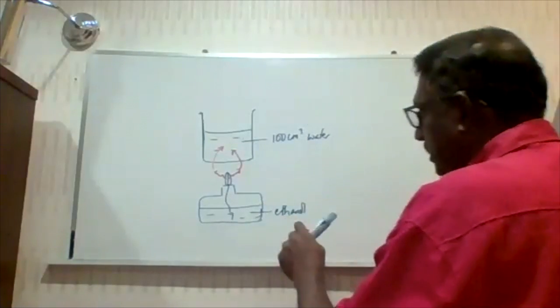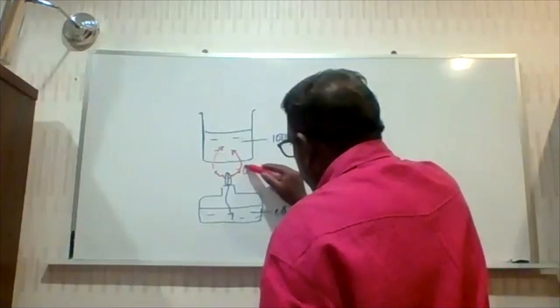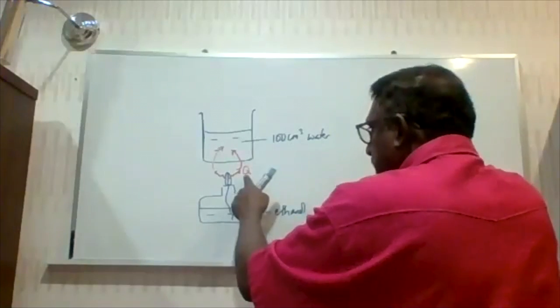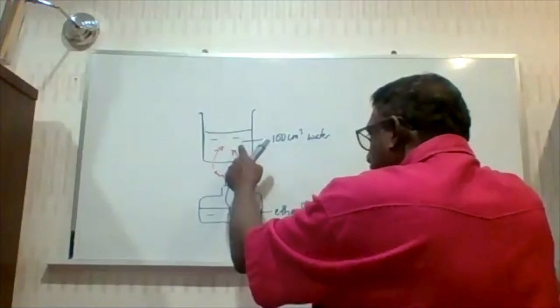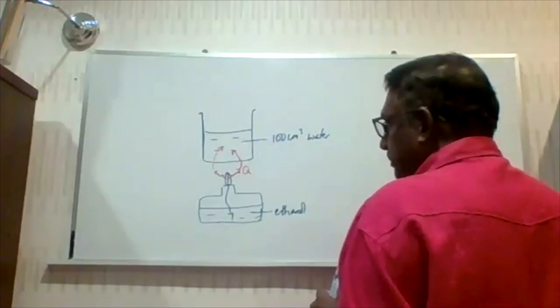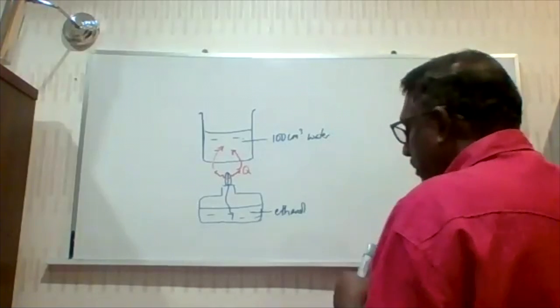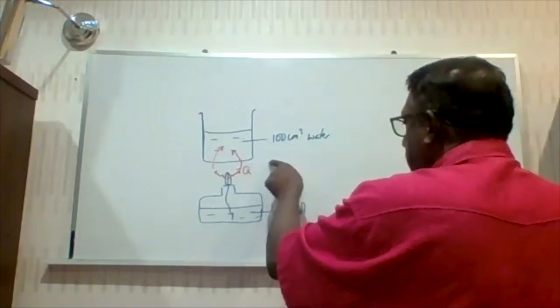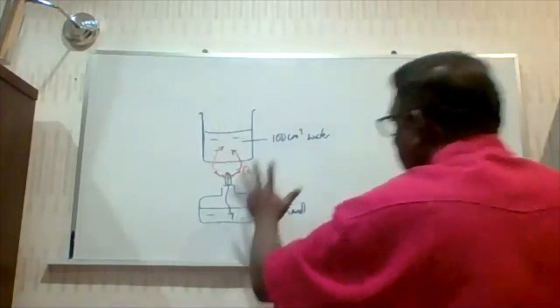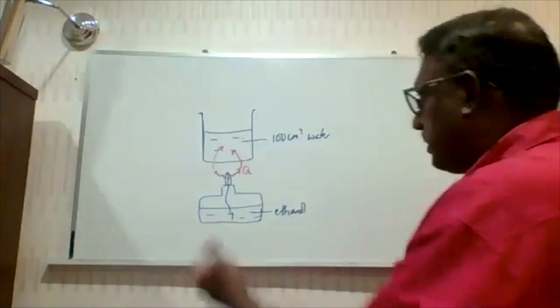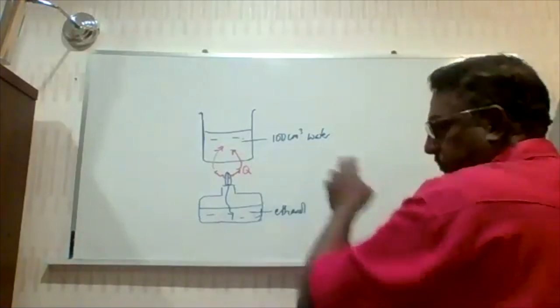Of course, we know it will not be completely absorbed because there will be heat loss. That's why there are errors in this experiment. One of the errors is heat loss to the surrounding.